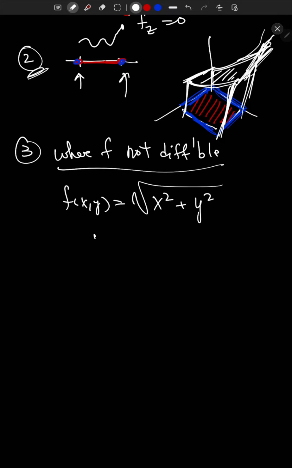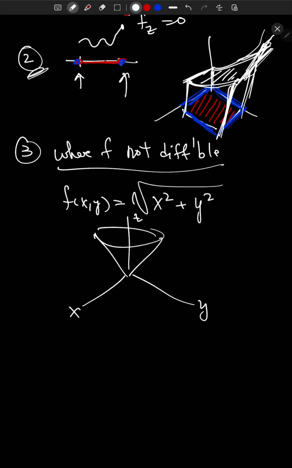What is that? That looks like a cone, like this, x, y, z, and its absolute minimum. Let's say we're interested in this region here, right? Its absolute minimum is going to be at the tip of the cone, but the function is not differentiable there. You're not going to capture that point just by looking at the gradient.